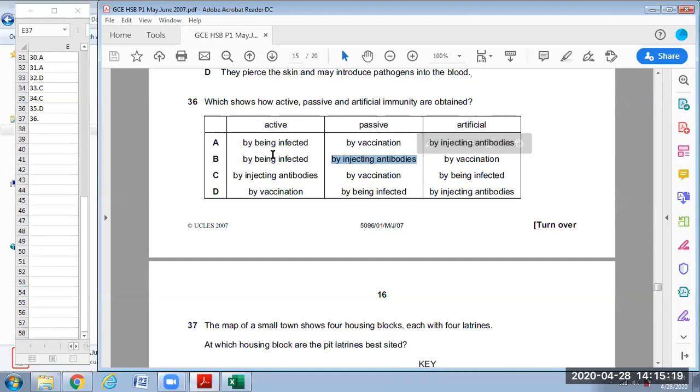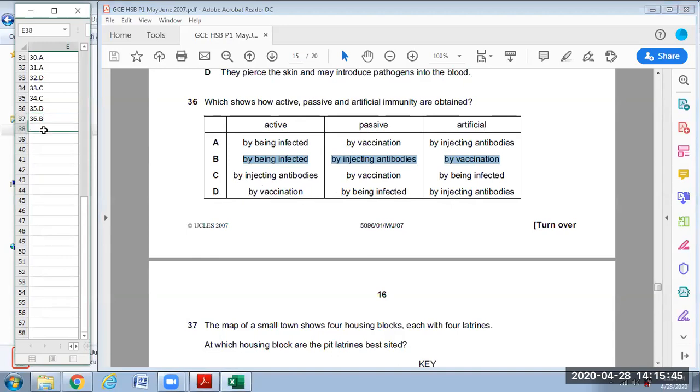Active is your own body creating white blood cells. So yes, by being infected, and artificial by vaccination, yeah. So let me read back this. Active. Okay, so this is an artificial product. Yes, so B is the answer.